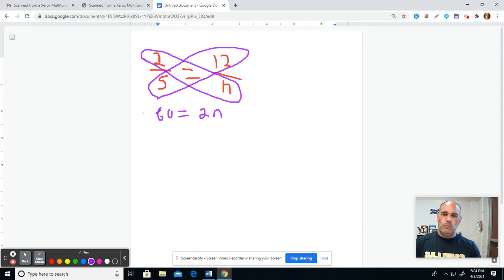This is back to what we did before spring break. This is a multiplication equation. I undo multiplication by dividing, and we always divide by the number attached to the letter. So I'm going to divide by 2, then I have to divide that side by 2. On the right-hand side, 2 divided by 2 is 1, n. 60 divided by 2 is 30, just like we thought we should get.